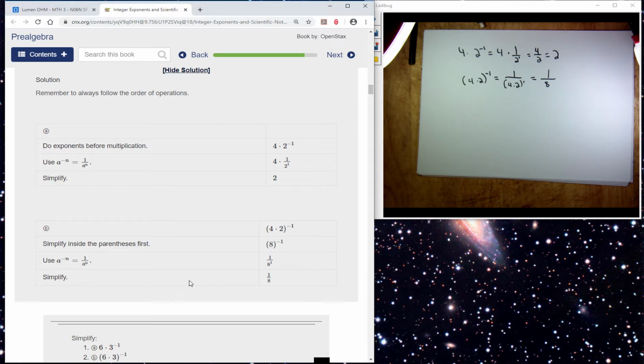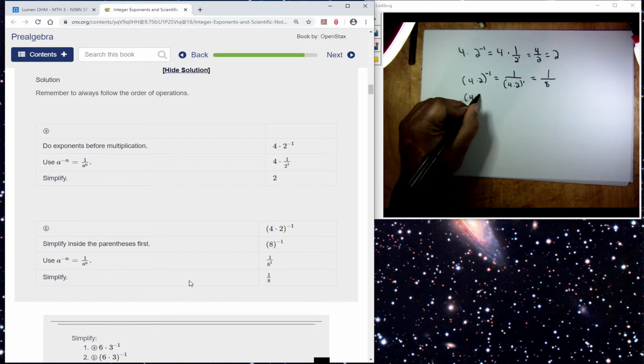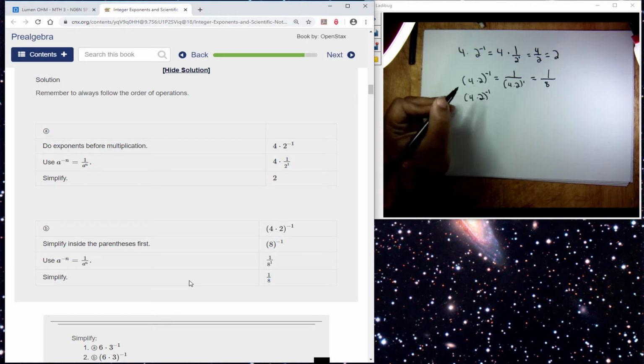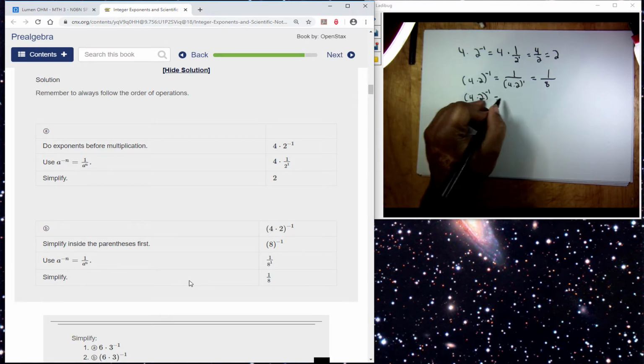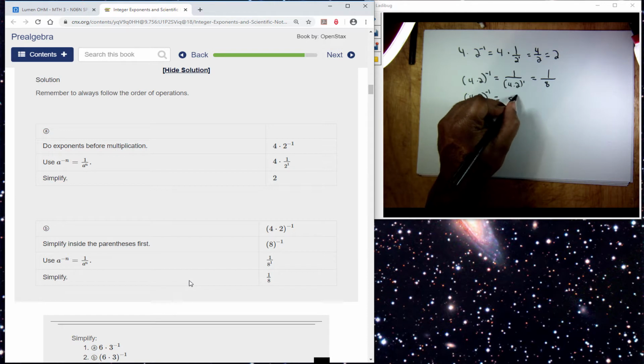And there are alternate approaches you can take with this. So you can also do this here. Take care of the parentheses first. And I have 8 to the minus 1.